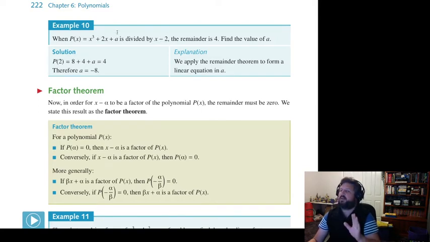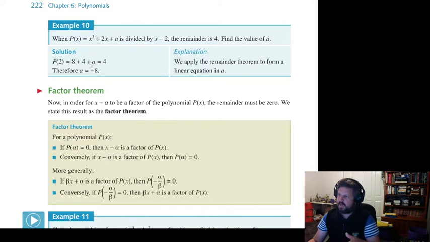Sorry, let me dial it back. It's +2 that you're going to be substituting into this expression. So you'll be doing p of 2, and when you substitute in +2 in each of these spots, it should equal 4. So actually doing that, where we see x, we're substituting in 2. So 2 cubed is 8, 2 times 2 is 4.